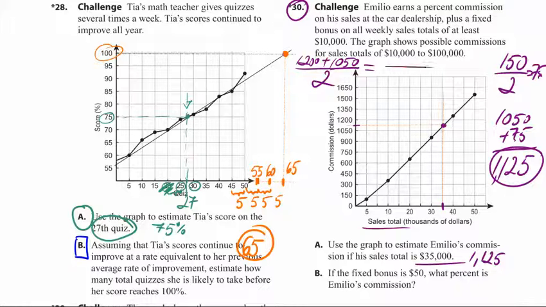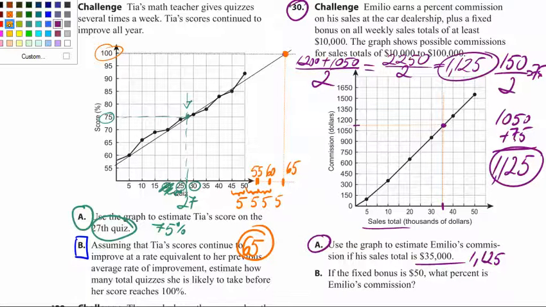What is that? 1,200 plus 1,050 gives you 2,250. Am I right? Divide that by 2 and definitely you will have the same answer. You should get the same answer. 1,125. All right, part B. So we're done with part A.